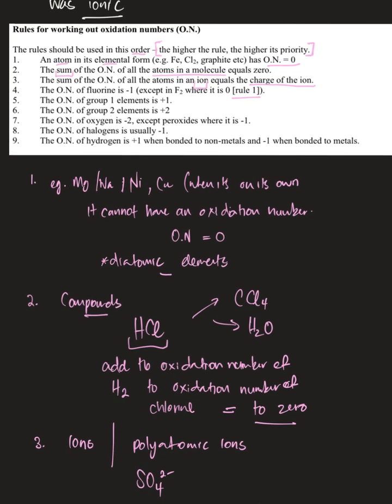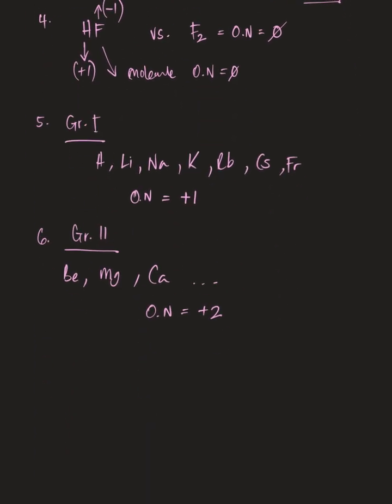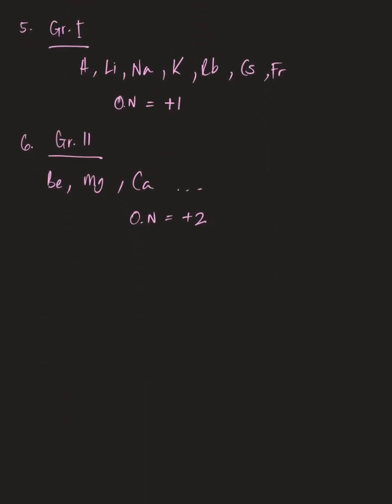It says the oxidation number of oxygen is -2, except in the peroxides where it's -1. If I had, for example, H2O, in H2O the oxygen is always going to be -2. But I know for compounds I need an oxidation number equal to 0.